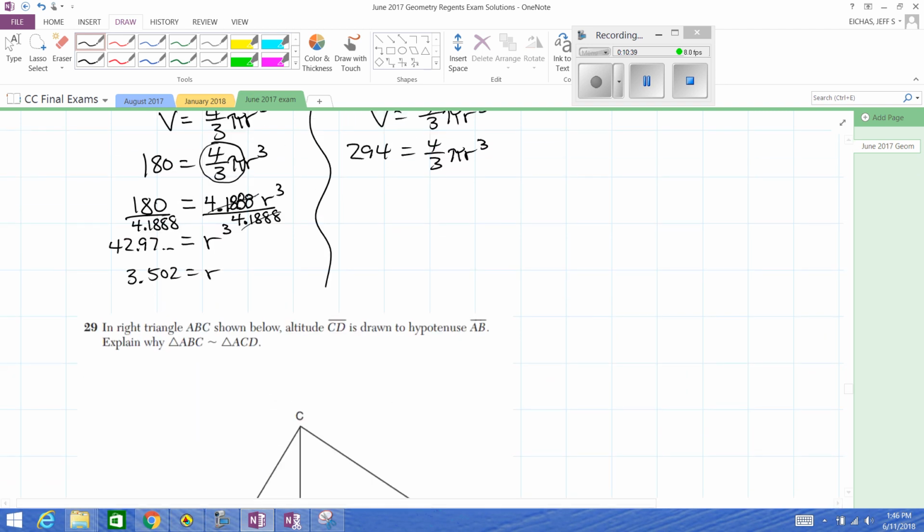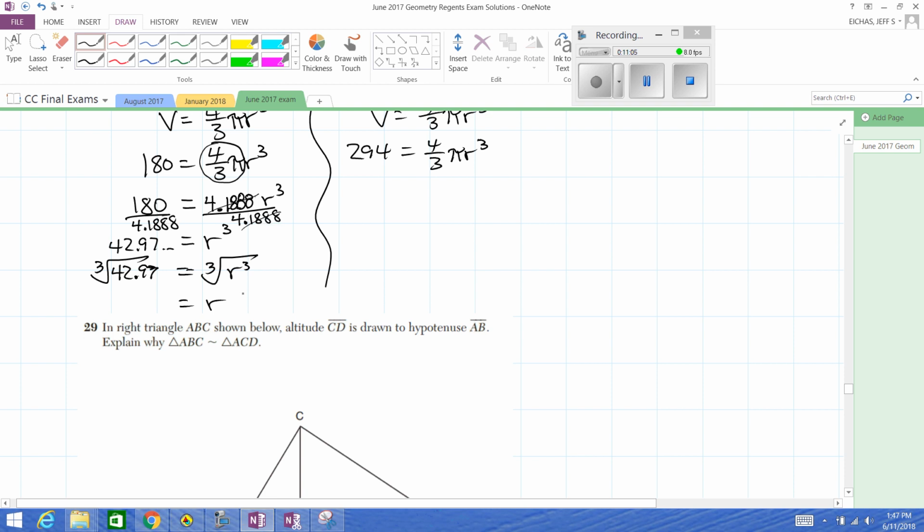This is the new step. You haven't experienced this a whole lot before. What I want to show you is how to get rid of r to the third power. You have to cube root both sides. The inverse of third power is third root. So now r comes out of there.